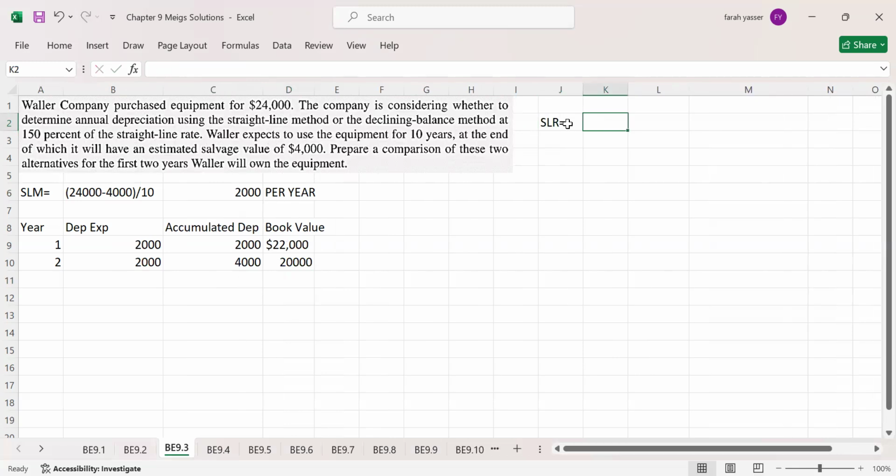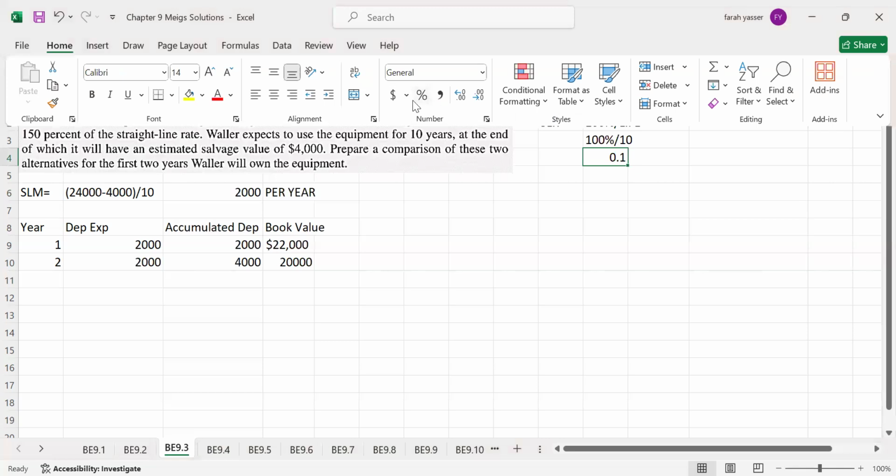The formula of the straight line rate is 100% divided by useful life. So 100% divided by useful life of 10 years is 0.1, or in terms of percentage, 10%.